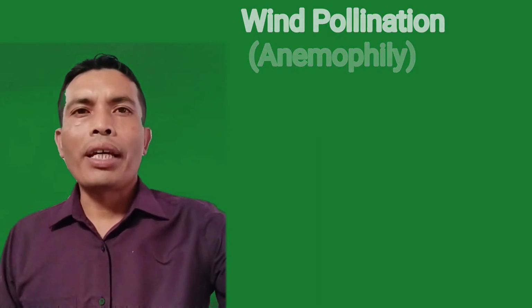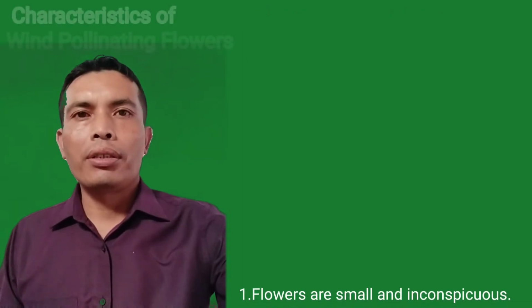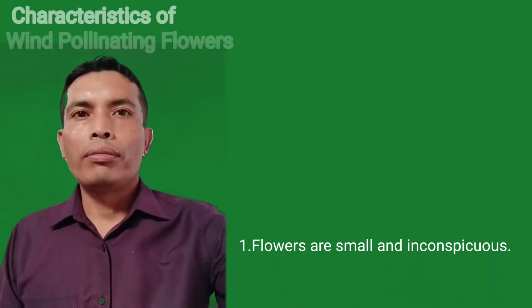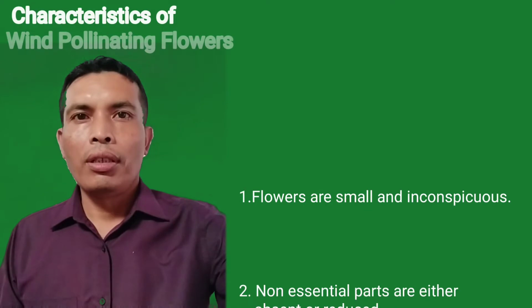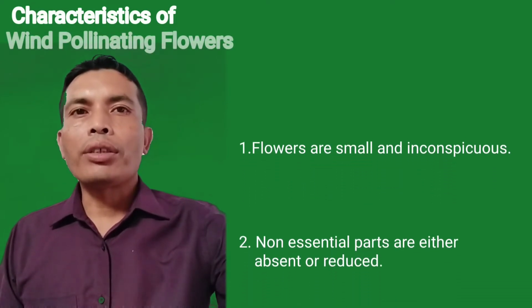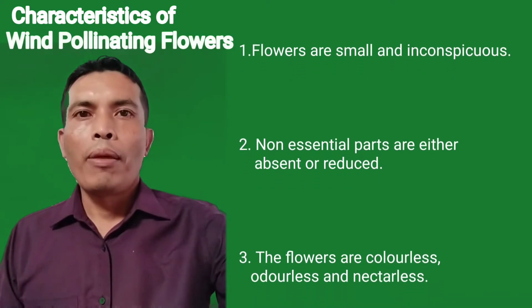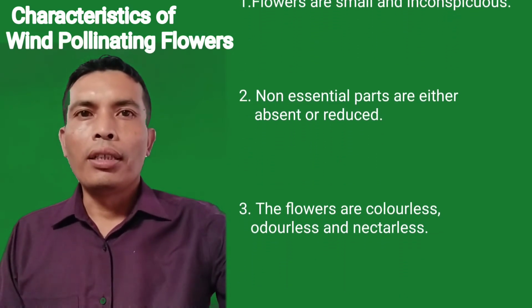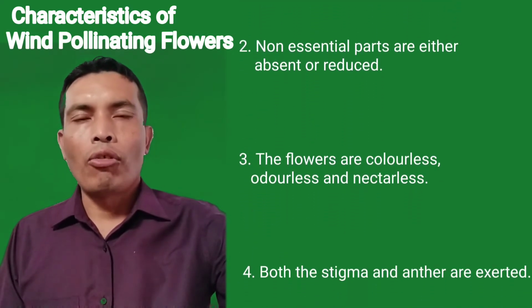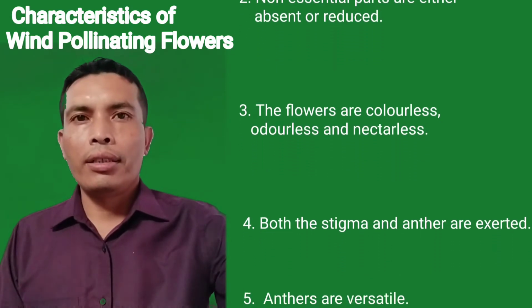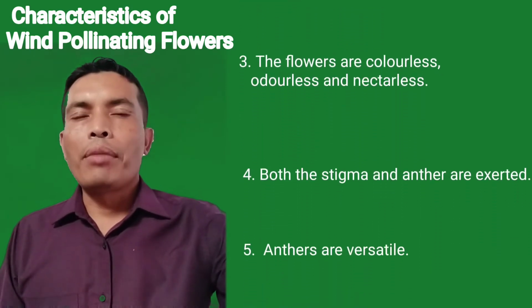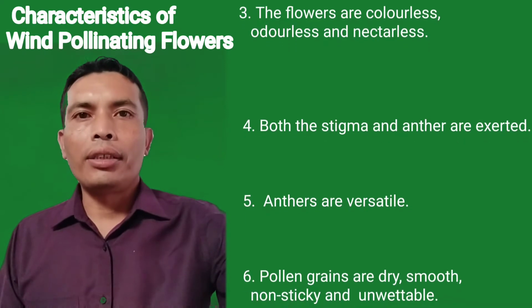So let us know some characters of anemophilous flowers. Flowers are small and inconspicuous. Non-essential parts are either absent or reduced in wind pollinating flowers. The flowers are colorless, odorless, and nectarless. Both the stigma and the anther are exerted.